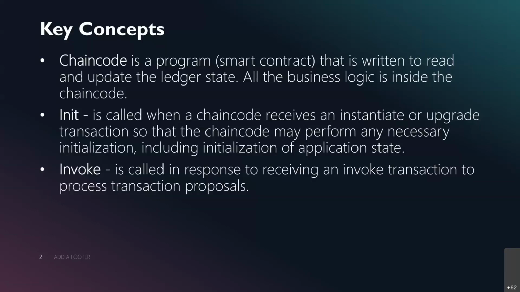One other way of thinking of chain code is that it is the one application that interacts with your ledger. When your application is running, it will not have control over the ledger. What you do is invoke the chain code, and you use the chain code to talk to the ledger beneath it.